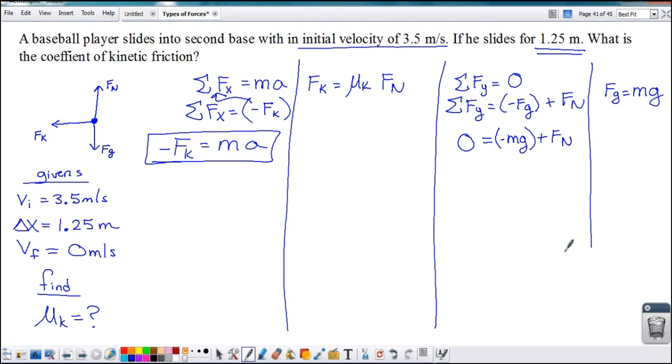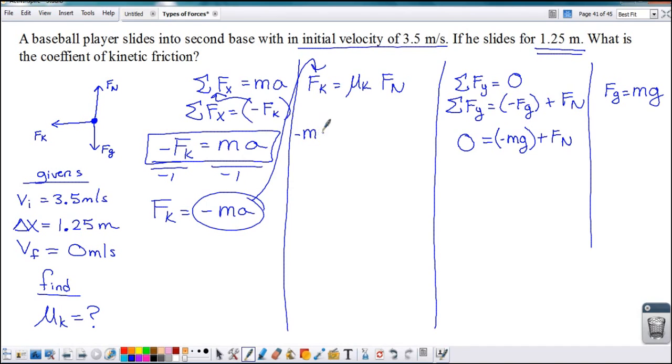And now I have some things, I don't have any numbers yet, but I'm going to go ahead and substitute these values in, okay? Now this one I can't quite substitute in yet because that's a positive force of kinetic friction. This is negative, so I need to divide everything by -1. So the force of kinetic friction is equal to negative ma.